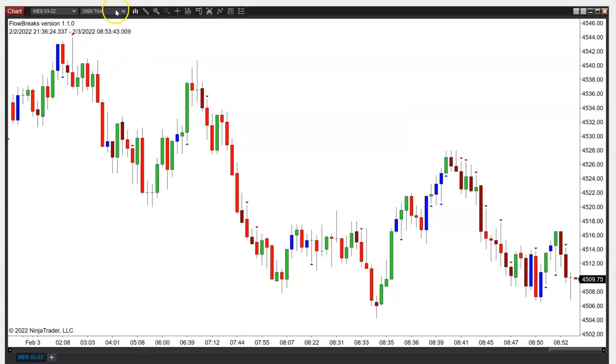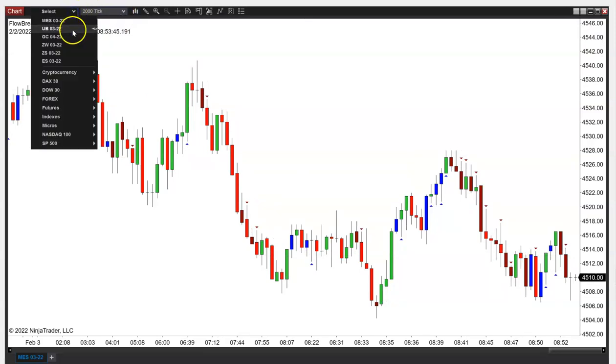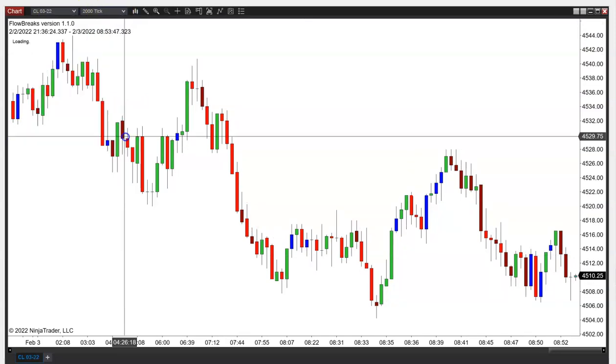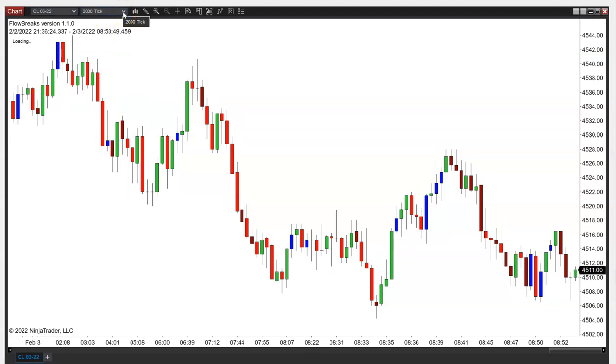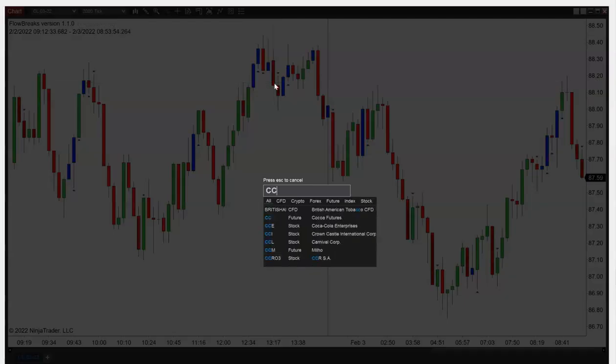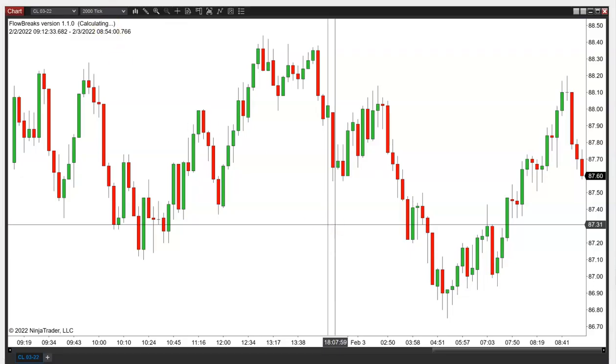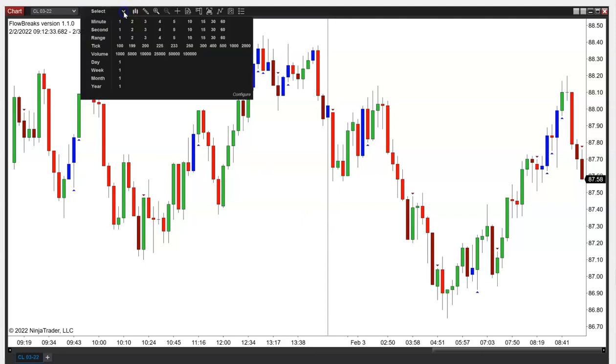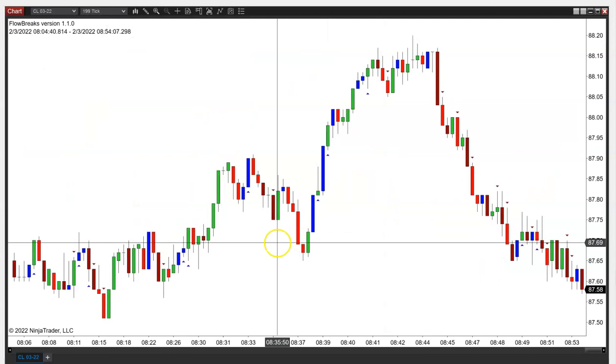So, good, crude here. Make sure I got the right one. Yeah. Okay. So it's the 2000 tick chart. All right. So we'll start with the 199 tick chart.